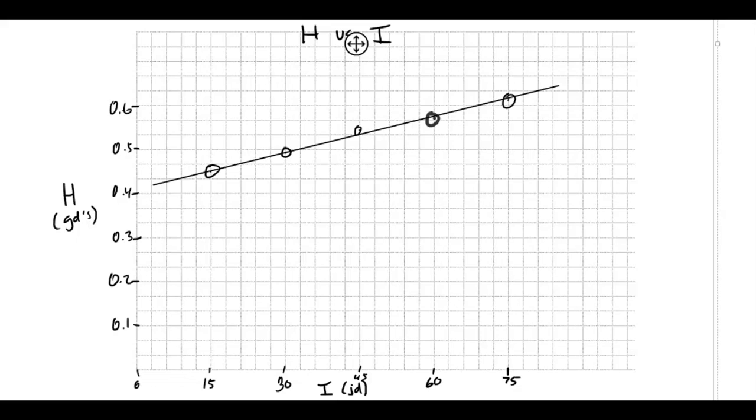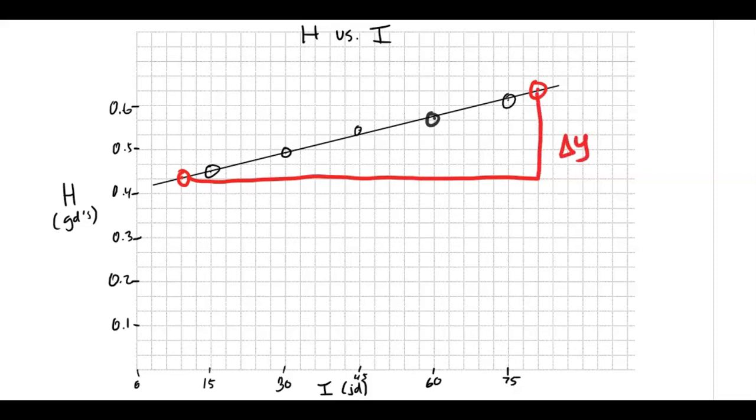Part B is to find the slope. We're going to pick 2 points that are not data points, and I'm going to choose this one and this one. The wider we make this, the more success we're going to have because it will average out any errors that we've made. But we're going to need to find the delta y and the delta x.